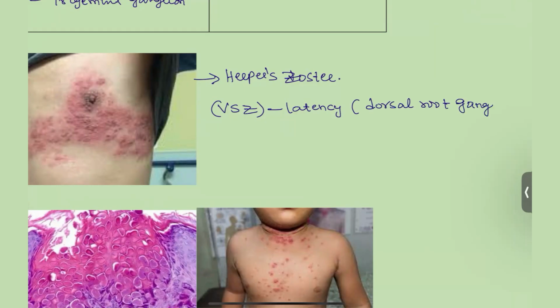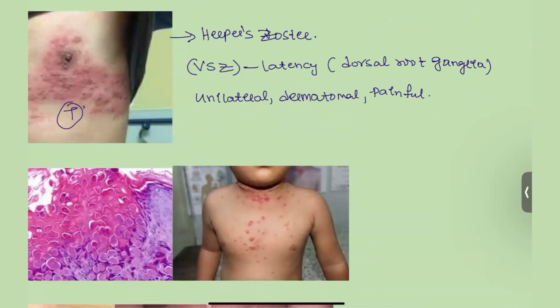When it is triggered, it causes a unilateral, dermatomal, and very painful condition. The most common dermatome involved is the thoracic region.